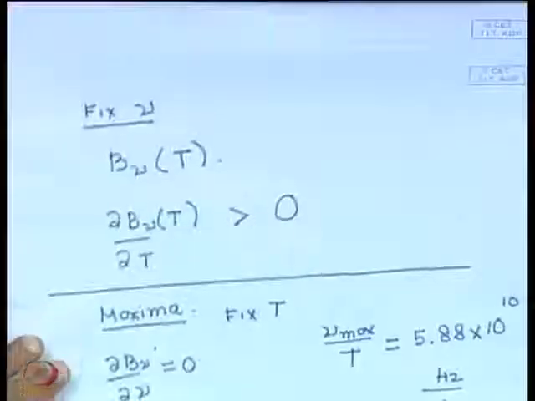Okay, that's how, as you increase the temperature, the peak of the spectrum shifts, and the bulk of the radiation is also shifting toward higher and higher frequency range. Okay, so that is a brief discussion of the nature of the shape of the Planck spectrum.